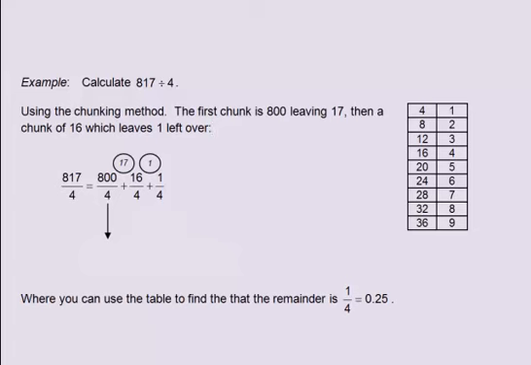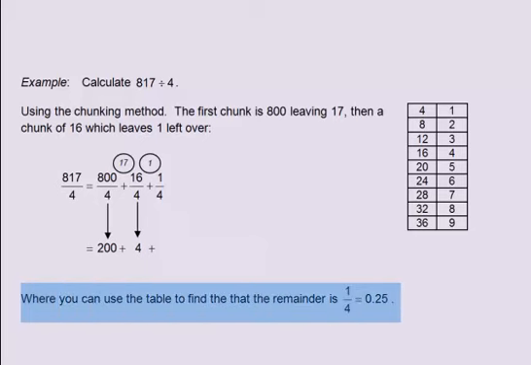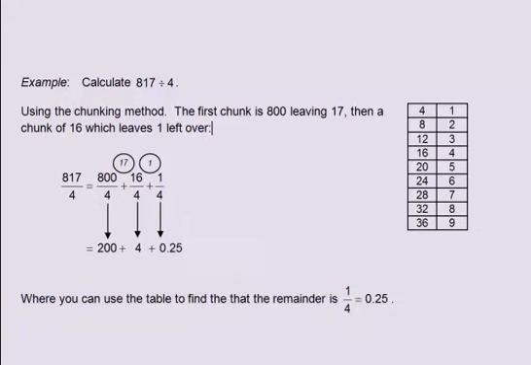So 800 divided by 4 is 200. 16 divided by 4 is 4. And you can use the table to find that the remainder is 1/4 equals 0.25. So 817 divided by 4 equals 200 plus 4 plus 0.25, which equals 204.25.